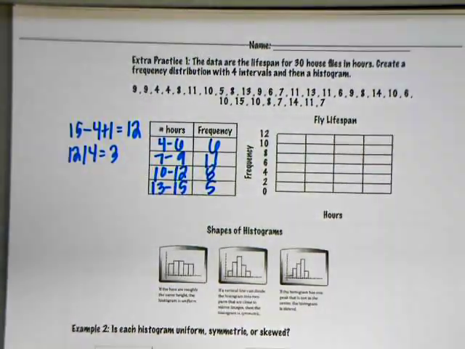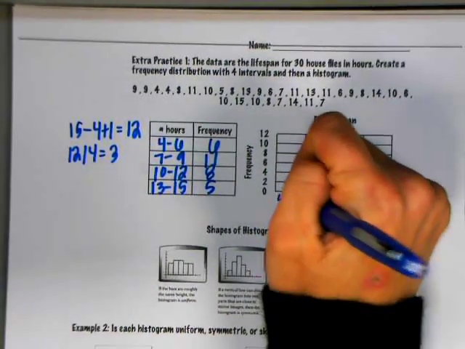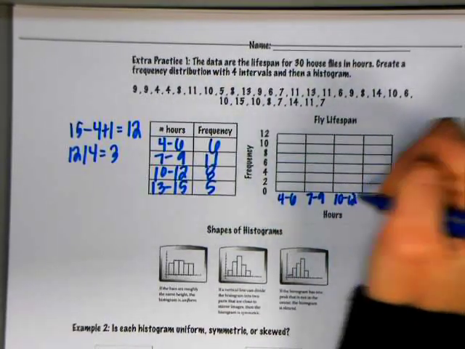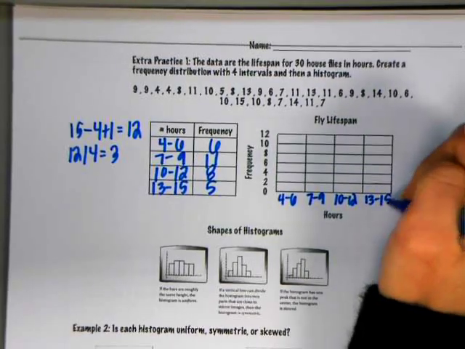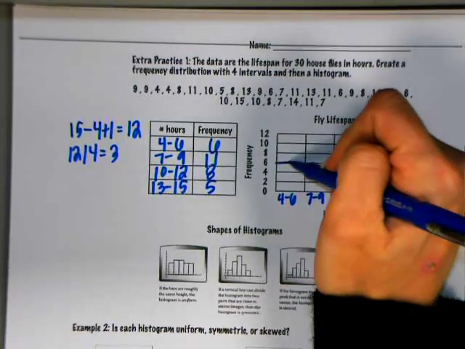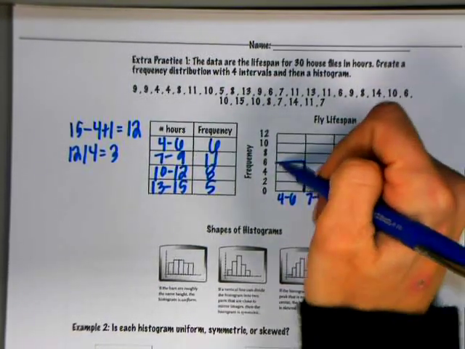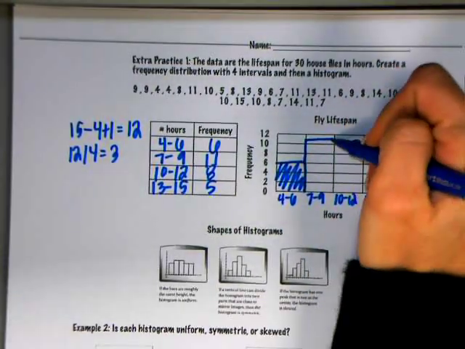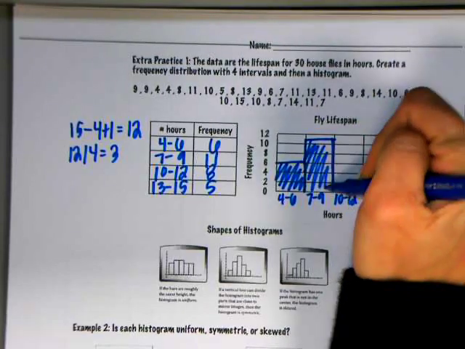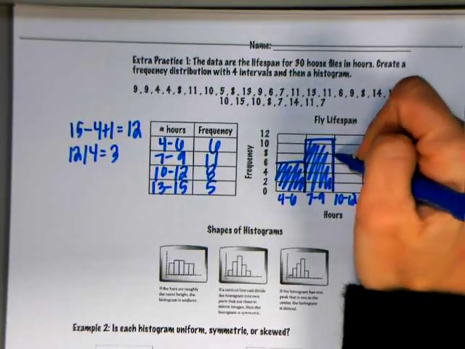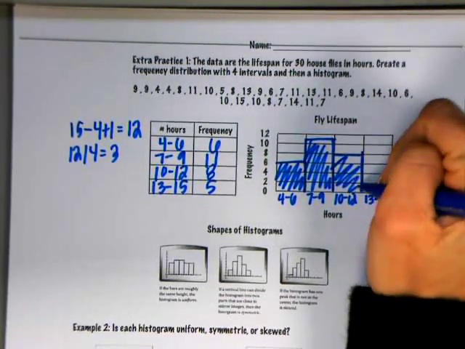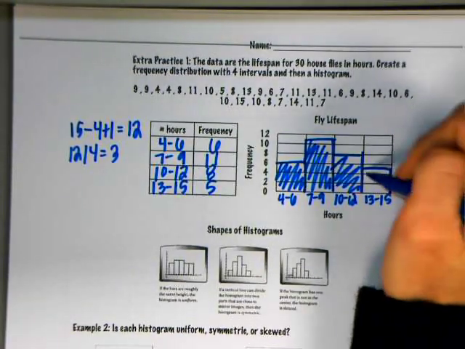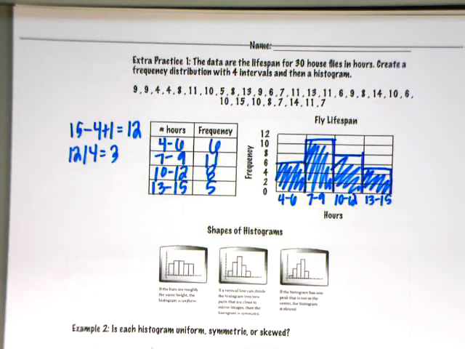Okay. So 4 to 6, 7 to 9, 10 to 12, 13 to 15, 5, 6, 11, 8, 5. Okay, any questions on that?